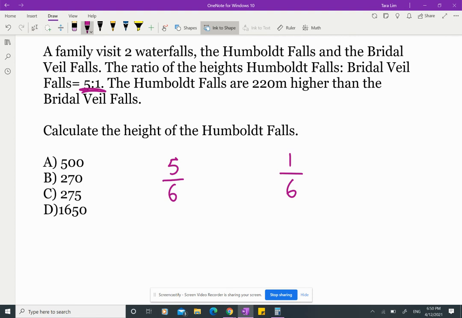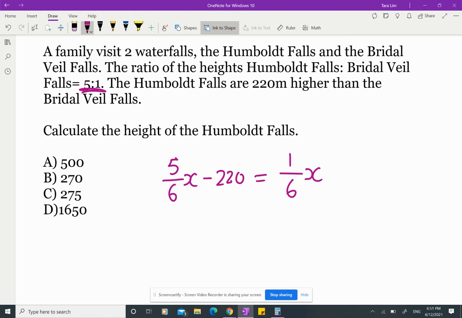First of all, we need to put x here because we don't know the actual height of the Humboldt Falls. So we put the x there. Now 5 over 6x, which is the Humboldt Falls, minus 220 meters is equal to 1 over 6x, which is the Bridal Veil Falls.